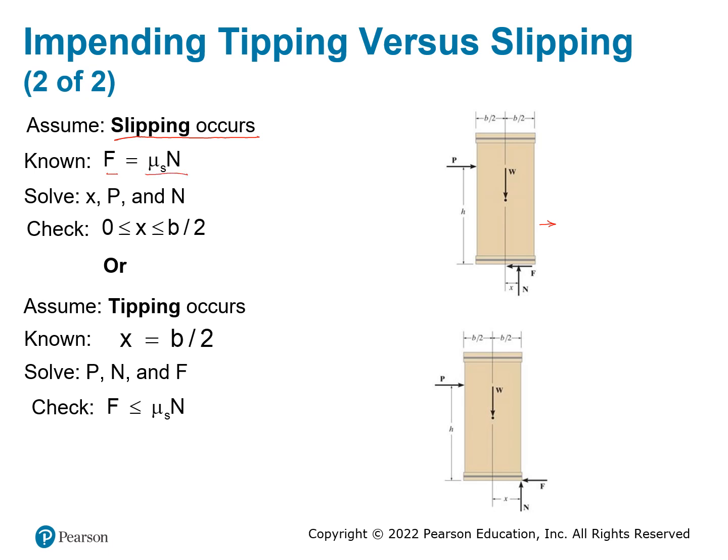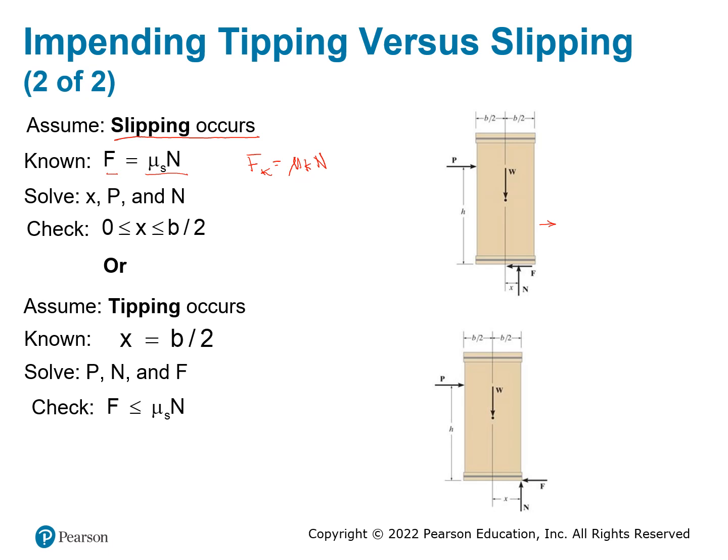If slipping happens, then your force is actually going to be higher than this force here. That friction will be what we call the kinetic friction, and that will be equal to mu_k times N.